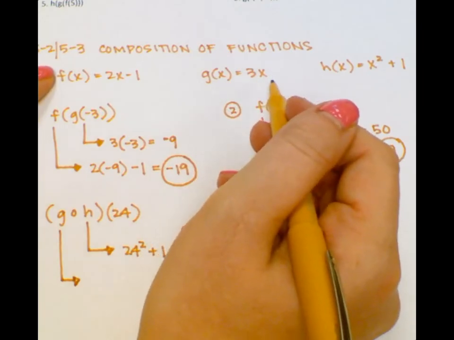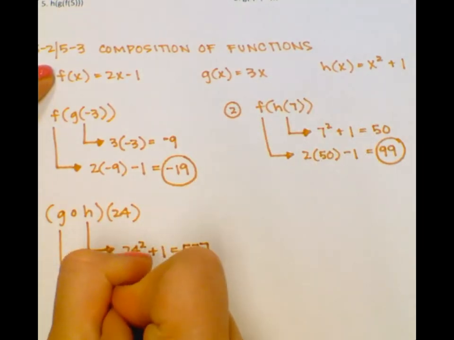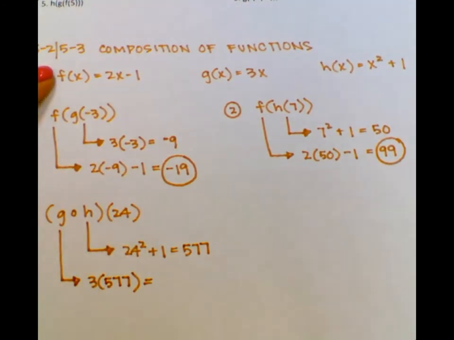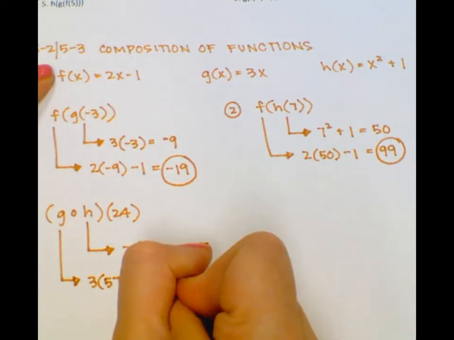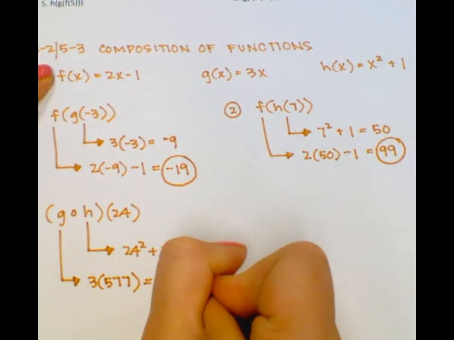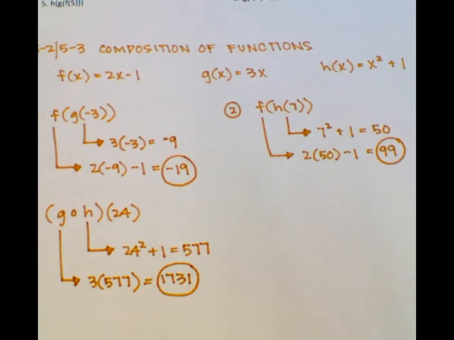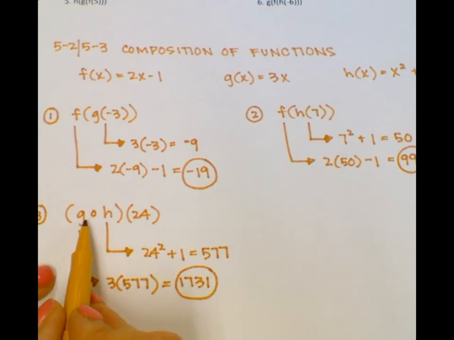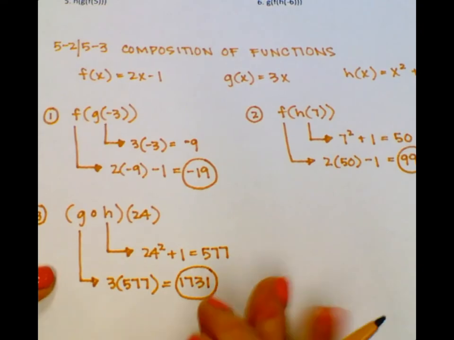So 3 times the 577, again, definitely using my calculator, 1,731. So again, it's the same thing, it's just written a little bit different. Remember, the circle right here does not mean multiplication. It means a composition.